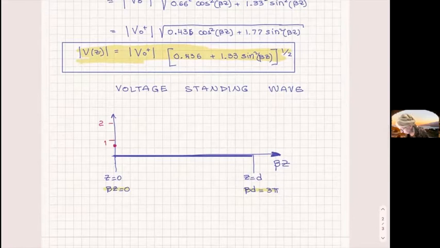So I will have pi over 2 here, I will have pi here, 3 pi over 2 here, I will have 2 pi here, 5 pi over 2 here, and I will have 3 pi here.